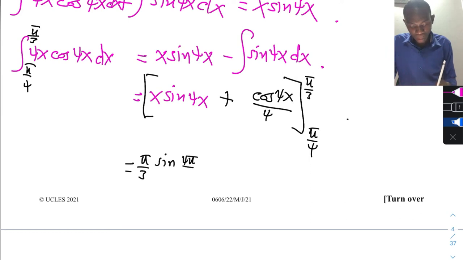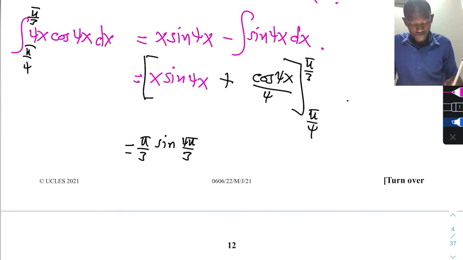So that'll be 4 pi on 3 sine 4 pi on 3. What is sine 4 pi on 3? Sine 4 pi on 3 is actually negative root 3 over 2. You get the idea.